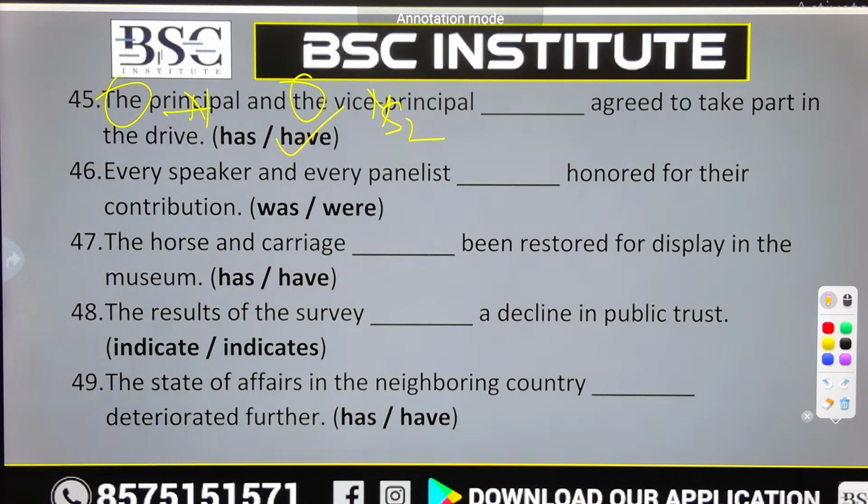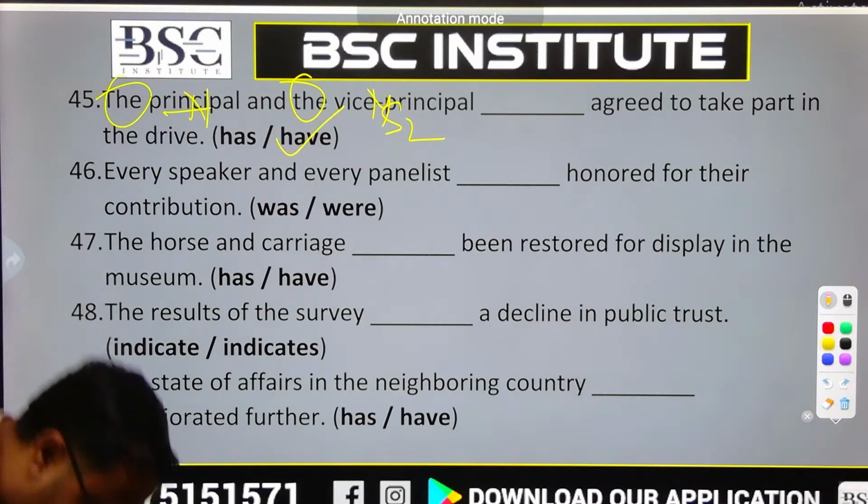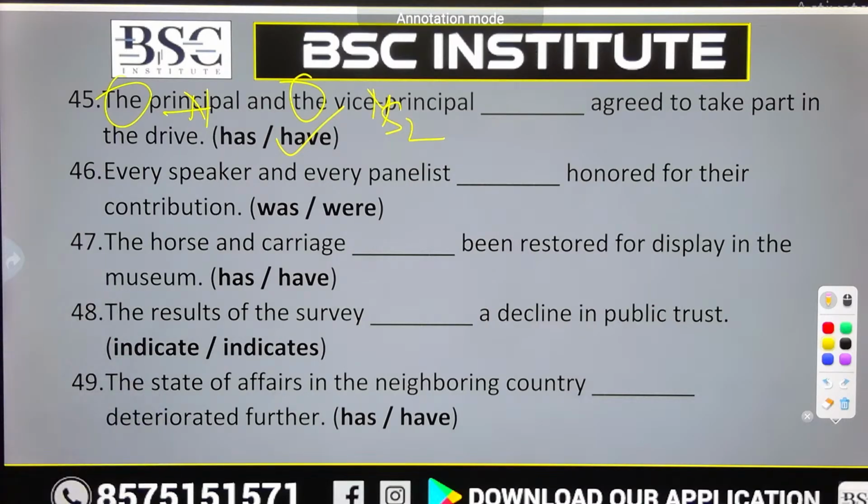Again, if you want to try first, I am giving you 1 or 2 minutes. Please read the questions from your screen and try to answer them.